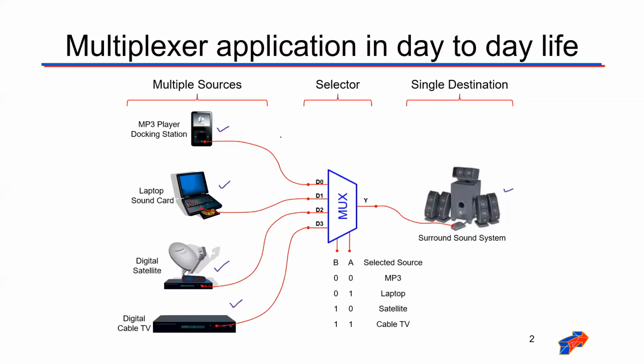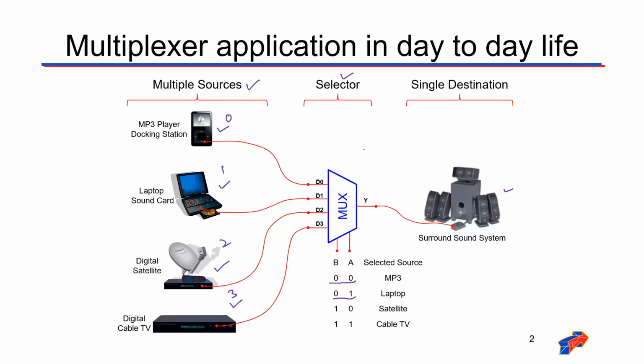So this is one of the applications of your multiplexer, that you are having multiple sources and you will have a selector. This is your selector. So 00 means this will be selected, 01 means this will be selected, 10 means this will be selected, and 11 means this will be selected, using the press of buttons. The button can be knobs, or a push button, or something using a remote.